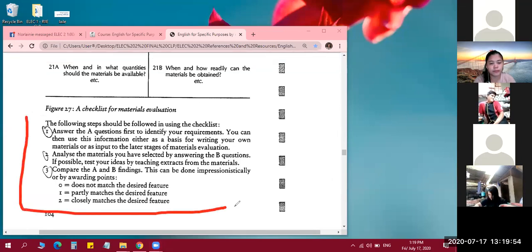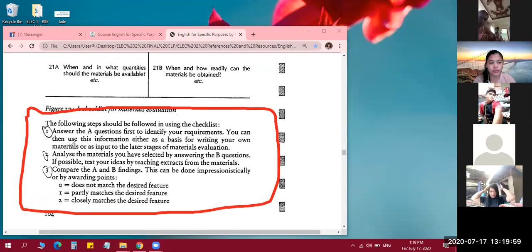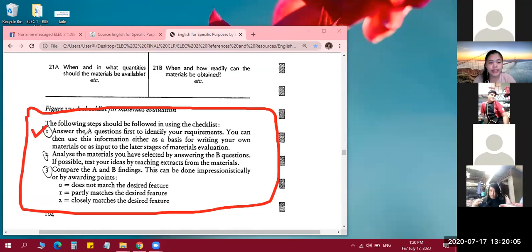Okay, this one here. Okay, please follow me as I'm going to read this one. So the following steps should be followed in using the checklist. Okay, first, answer the A questions, the subjective analysis. First, you identify your requirements.